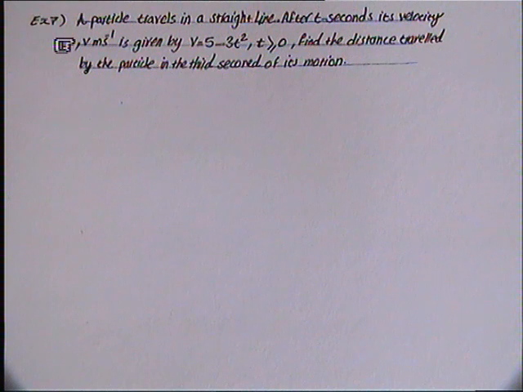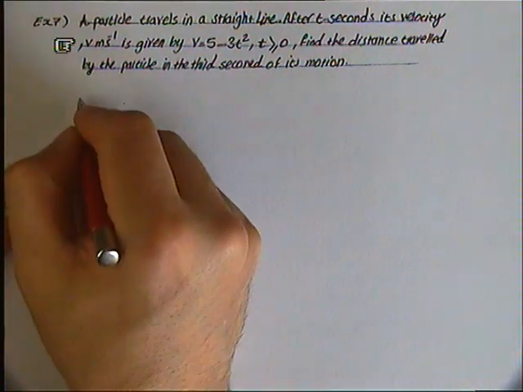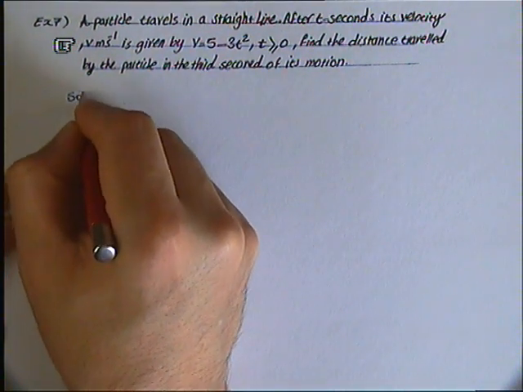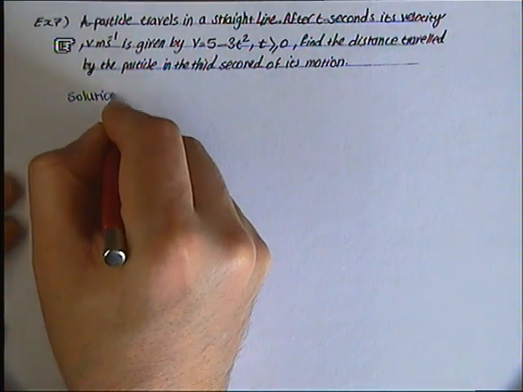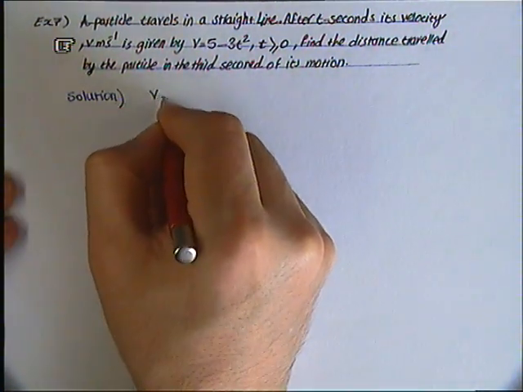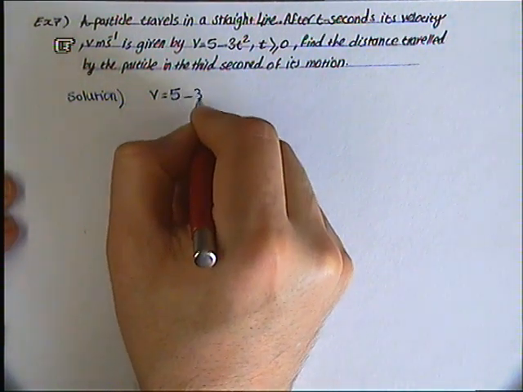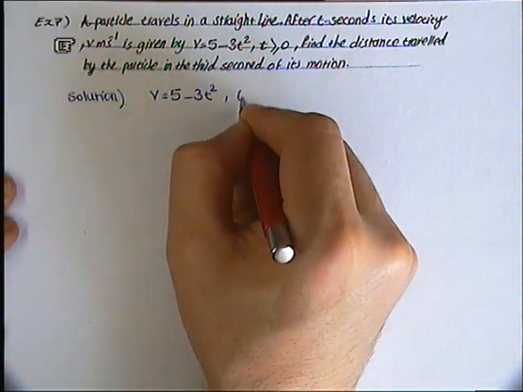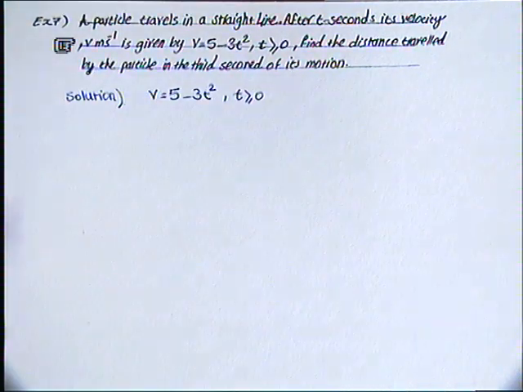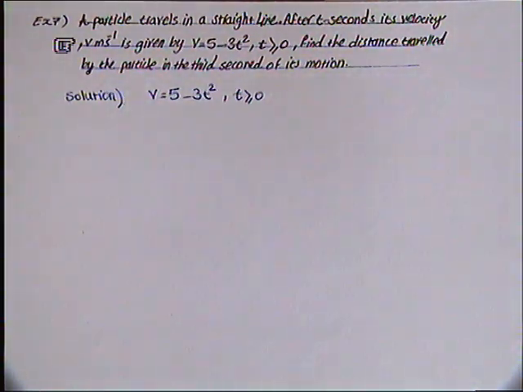After t seconds, its velocity v meters per second is given by v equals 5 minus 3t squared, where t is greater or equal to 0. Find the distance traveled by the particle in the third second of its motion. So we need to find the distance traveled in the third second.